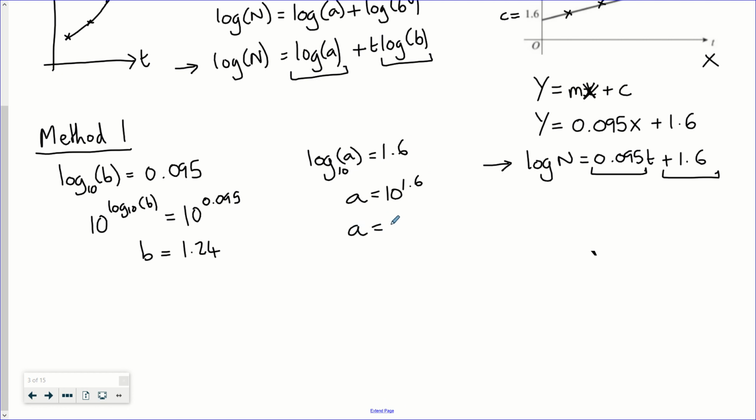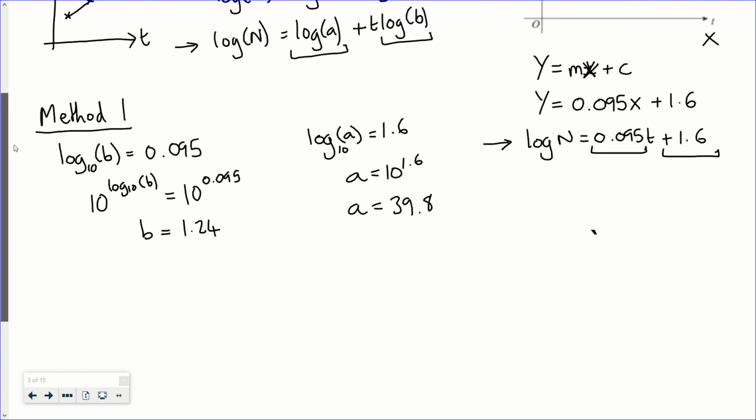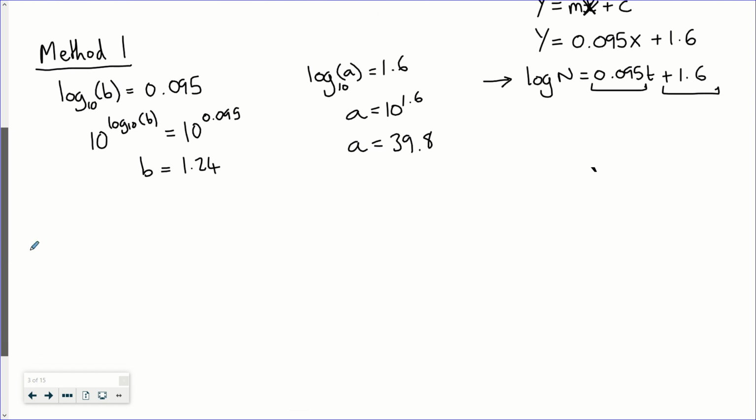So you get that a equals 39.8 to three significant figures. So that's method 1, by comparing the two equations that you get, one from the model and one from the graph.